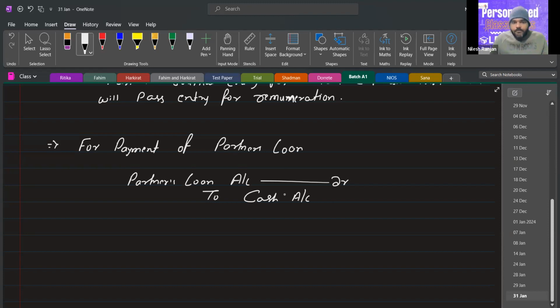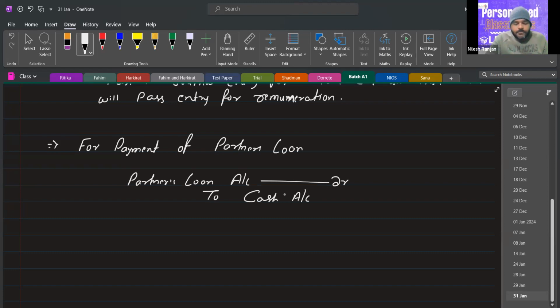Let's say you are in a partnership business, and one of the partners has given a loan of 1 lakh rupees to the firm. Instead of 1 lakh rupees, the firm is giving 1 lakh 10,000. So this is a profit or loss for the firm.